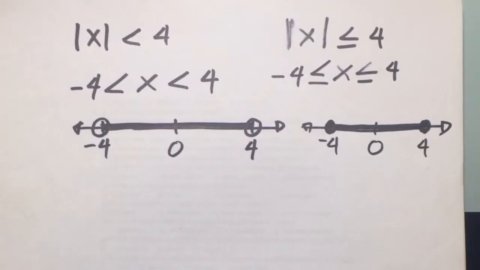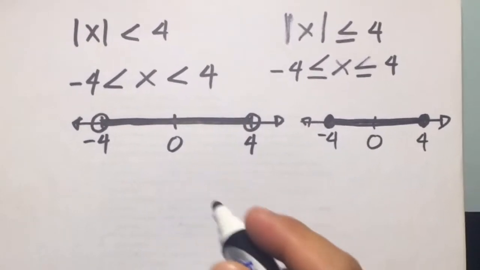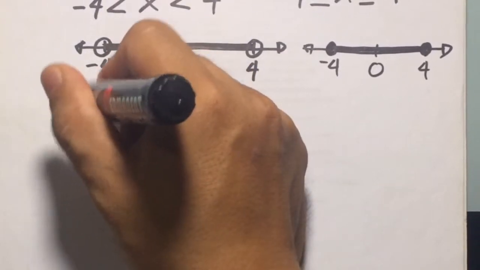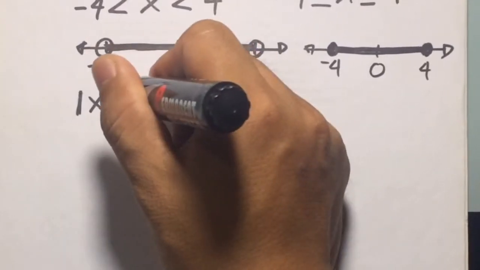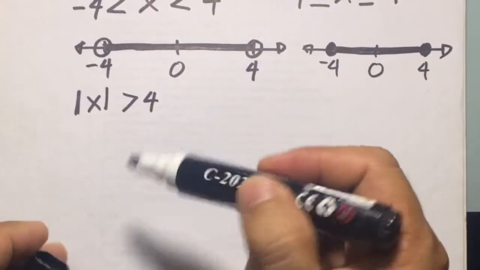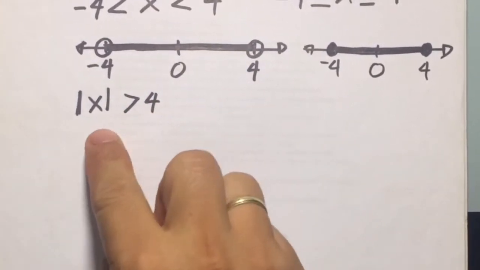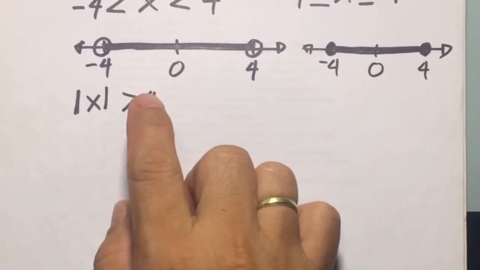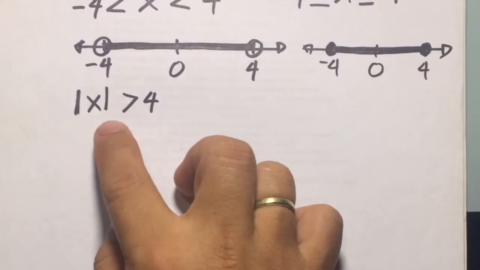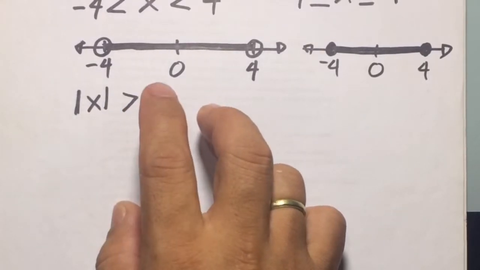Now suppose our given inequality is, let's have absolute value of x is greater than 4. Now in here, it means that all the values of x are greater than 4. So you can have 5, 6, 7, 8, and so on.